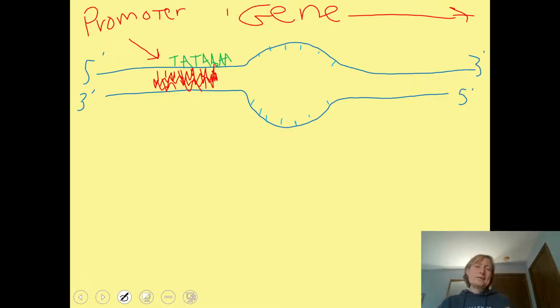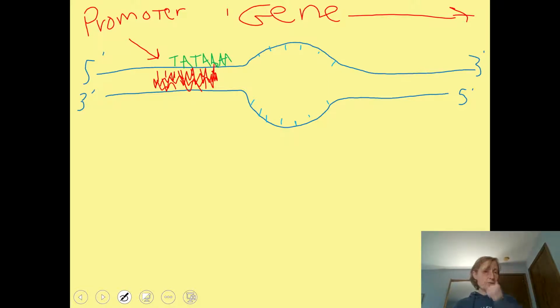So what happens now is the transcription machinery sees the promoter region and recognizes it and binds to that region, right? So what RNA polymerase does, RNA polymerase is actually not here yet. The first thing that sees the TATA box and the promoter are transcription factors. These are proteins that kind of are going to initiate transcription.